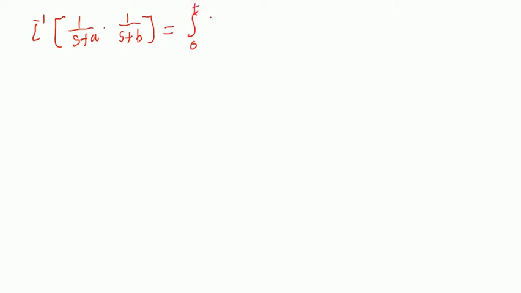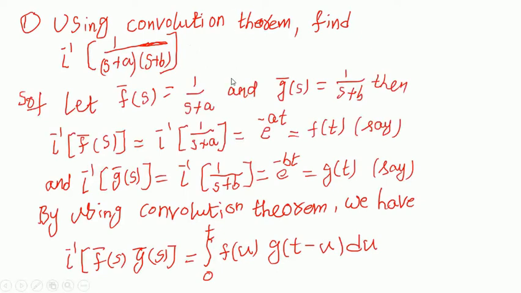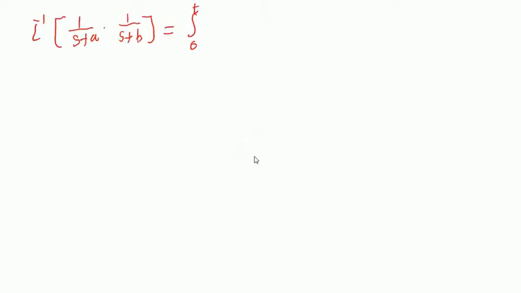F of u means what is f of t here? Here f of t is e power minus at. F of u means just in the place of t you can write u, then you can get f of u value: e power minus au.